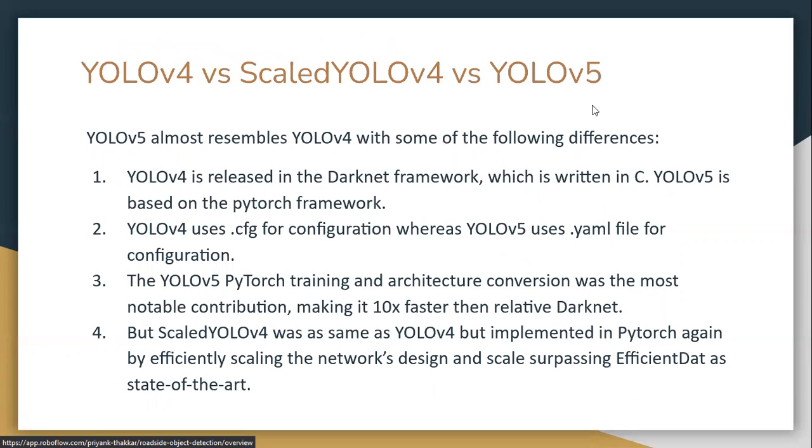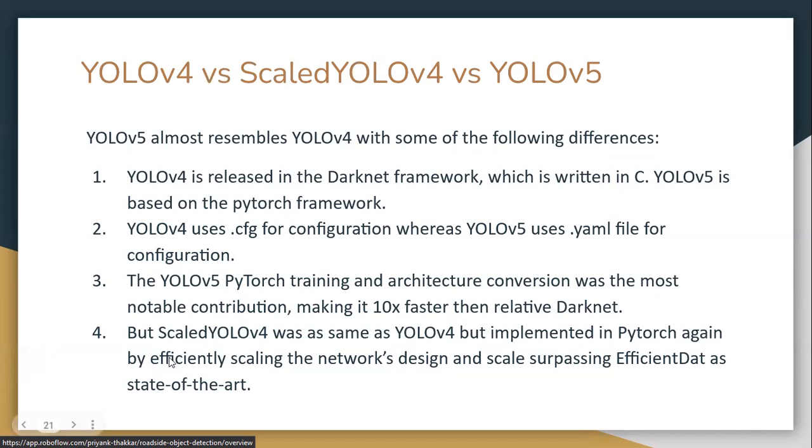Now, what are the major differences? YOLOv4 was implemented in the Darknet framework in C, but YOLOv5 is implemented in the PyTorch framework, which makes the loading of these images very easy and 10 times faster. YOLOv4 uses a configuration file, but ScaledYOLOv4 uses exactly the same configuration file as YOLOv5.